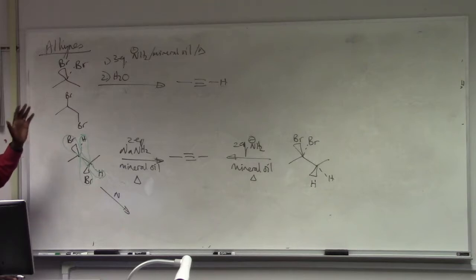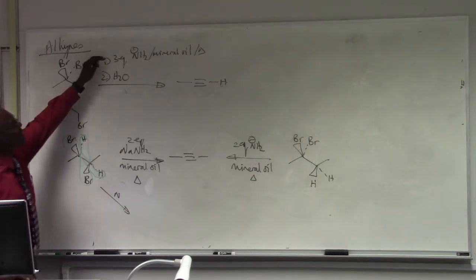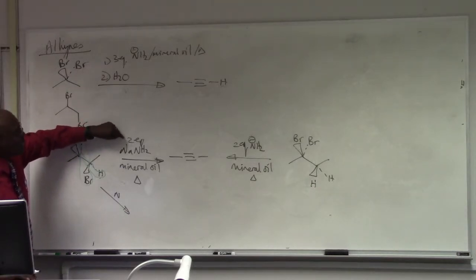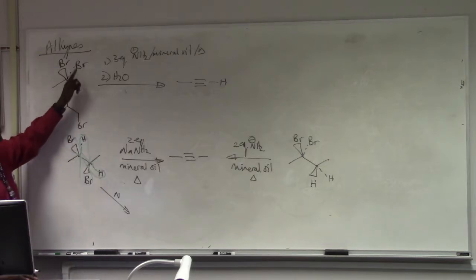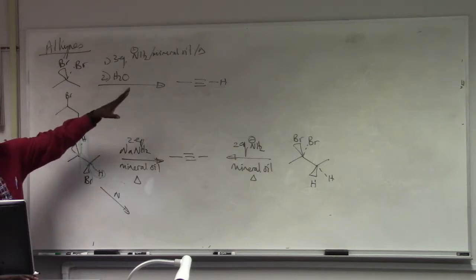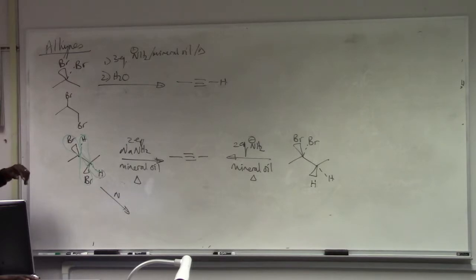The immediate obvious difference is that this requires 2, because I'm putting off 2 HBrs, but here it requires 3 and water. So what's happening? The answer is very, very simple.